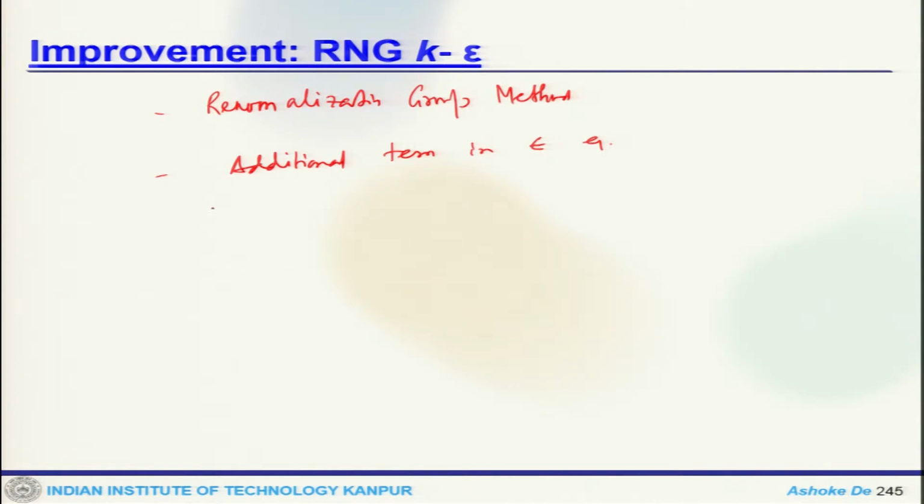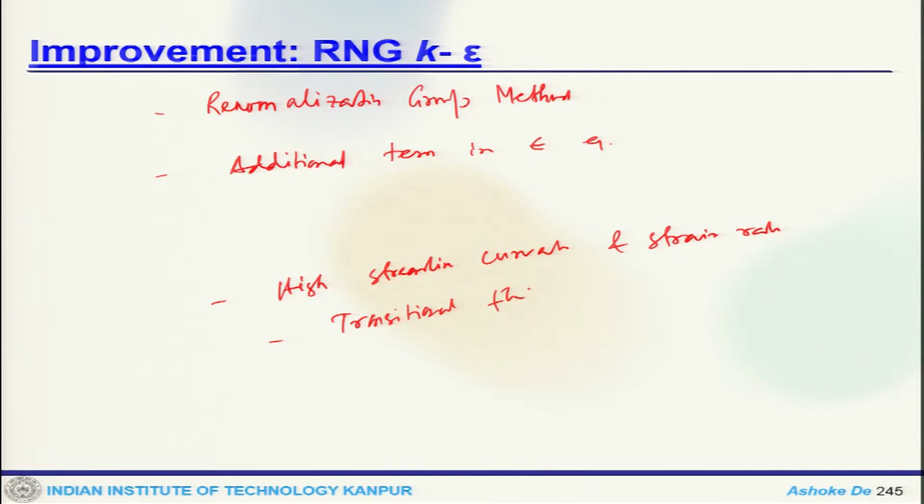So it takes into account the effect of swirl. It provides some improved prediction for high streamline curvature and strain rate, some transitional flows, and wall heat and mass transfer, but it still does not predict the spreading of a round jet correctly.